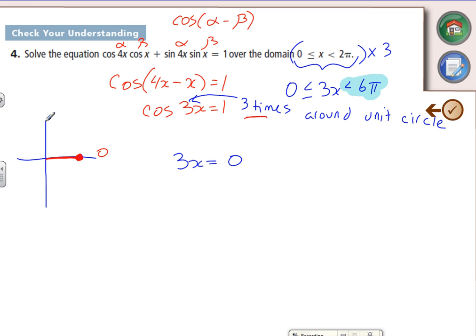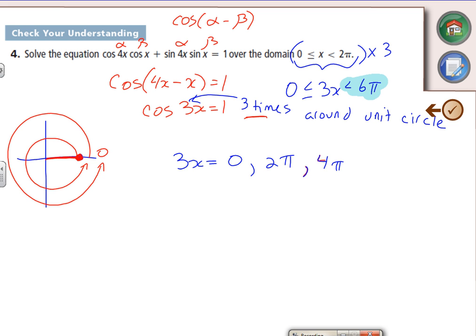And then it's going to go around again. And that's going to happen at 2 pi. That's once around. I get to go around, second rotation around. That means it's going to happen again at 4 pi. And then I get to go around a 3rd time.